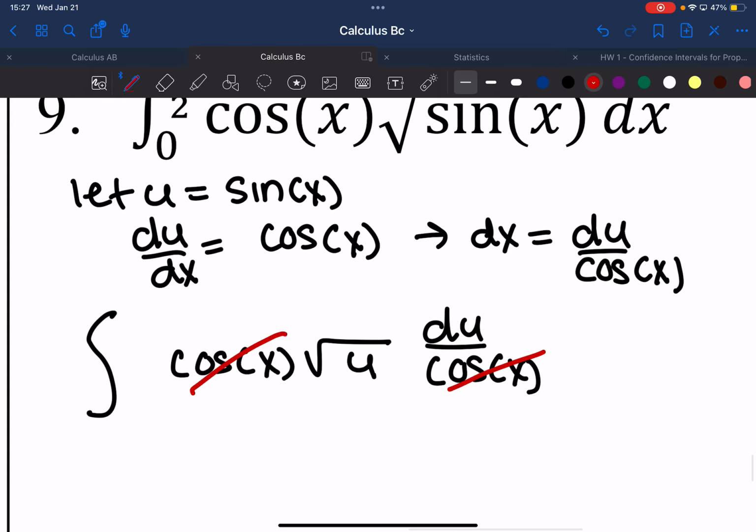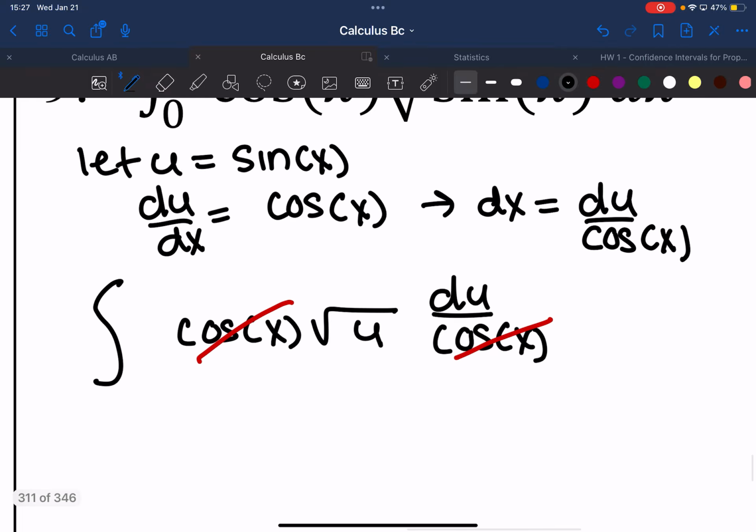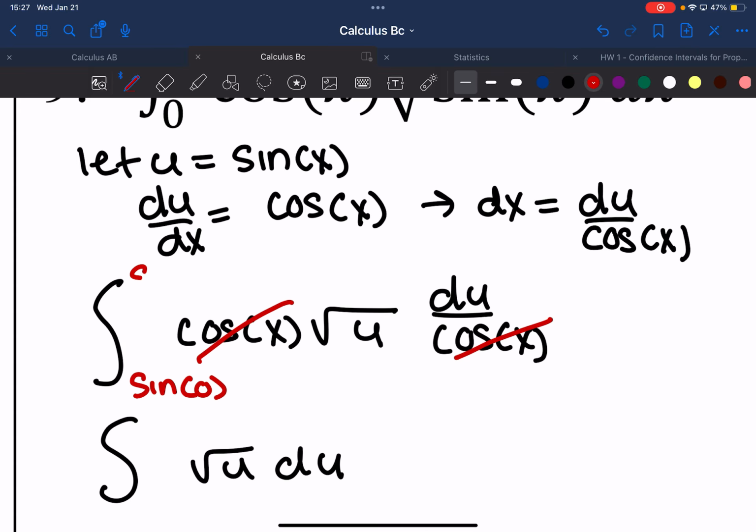So cosine of x cancel, and I have the integral of the square root of u du, and I have to change my bounds since u is sine of x. So instead of it being from 0 to pi halves, this is now sine of 0 to sine of pi halves, which becomes 0 to 1.